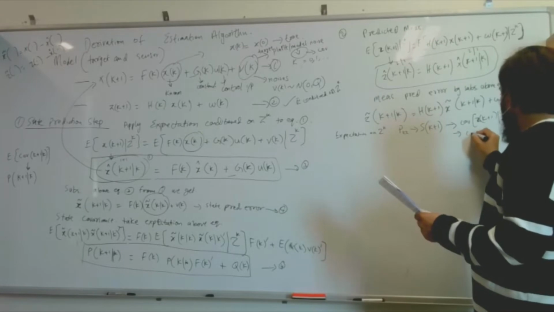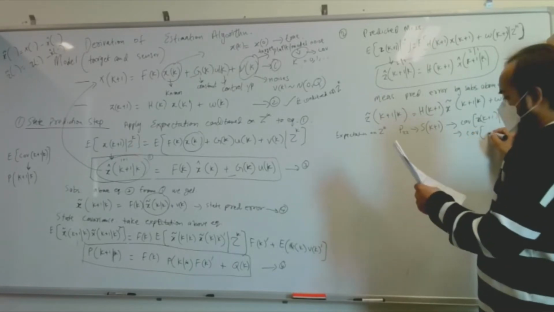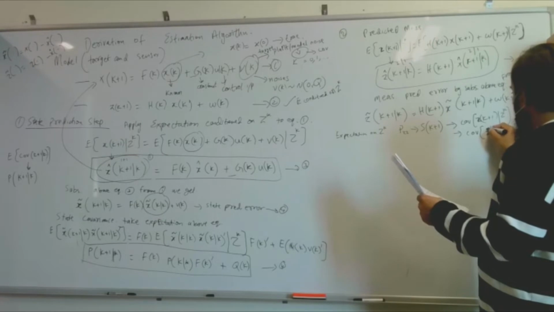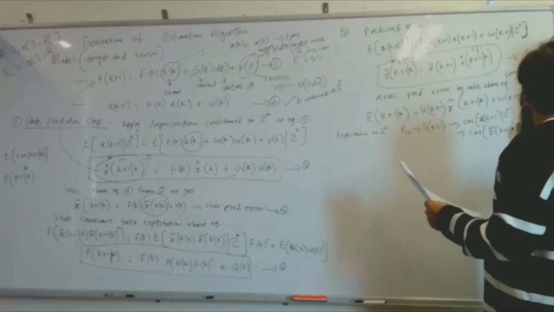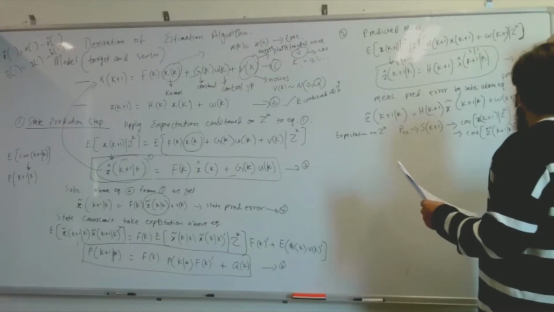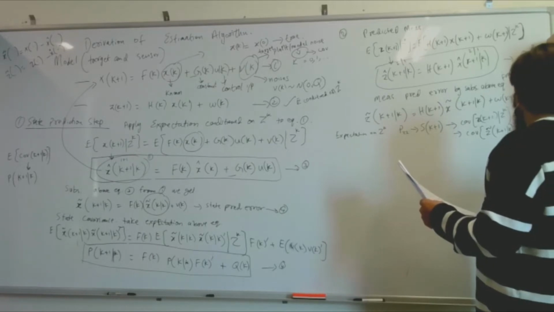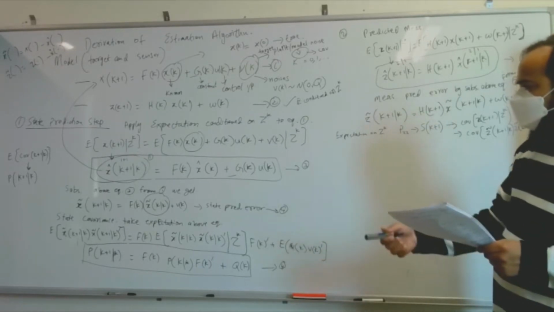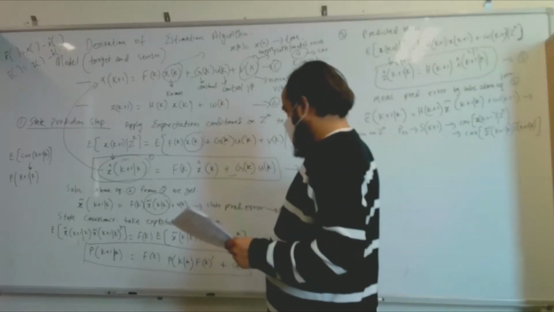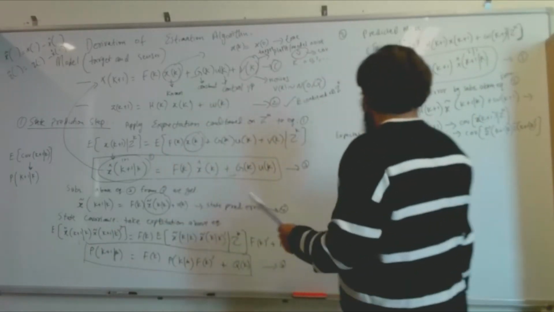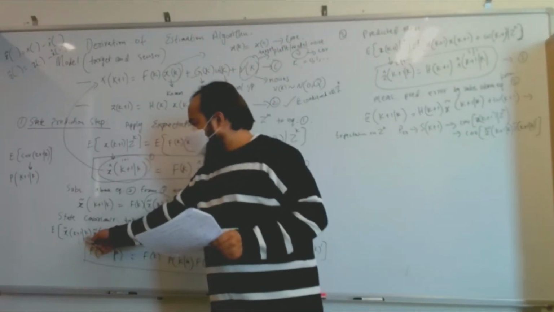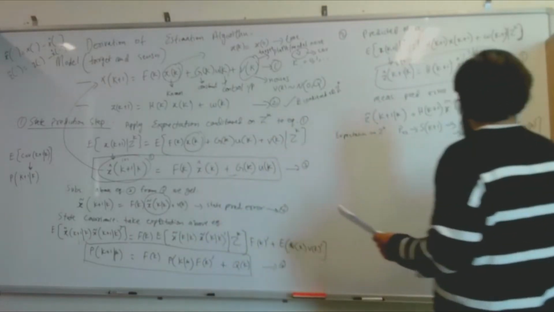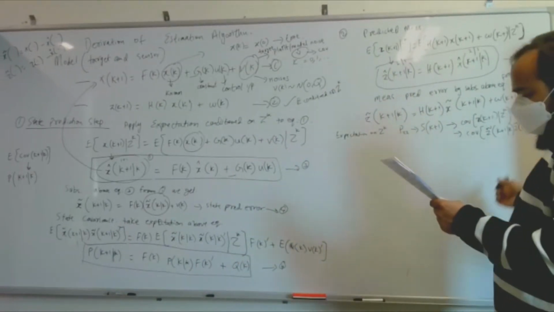This means that we have to find the expectation of the error times the error transpose, in a similar way as here. Here we took the expression for the covariance of x. Now we take the expression for the covariance of z.